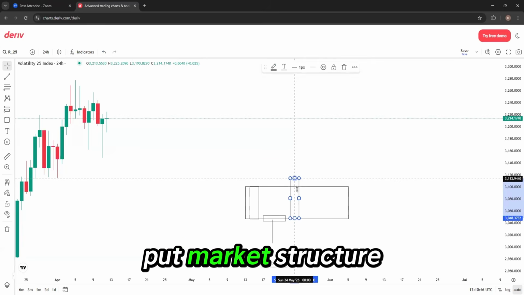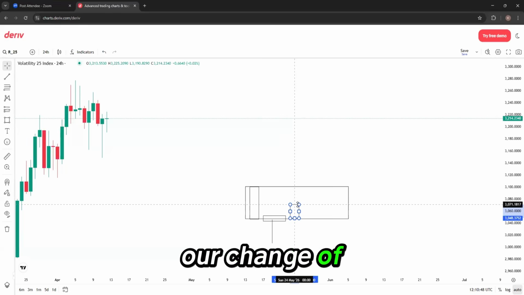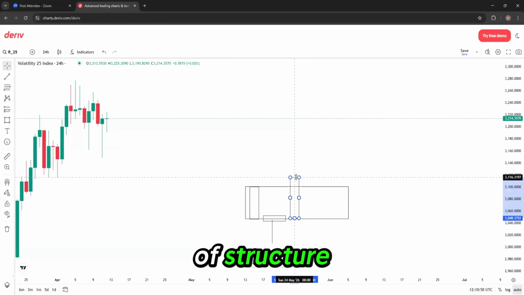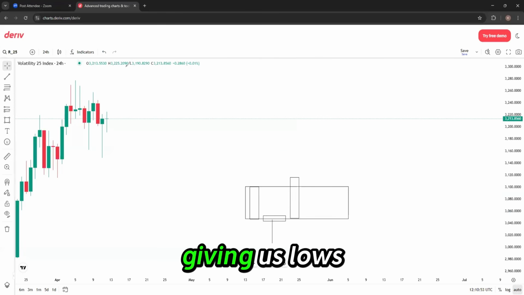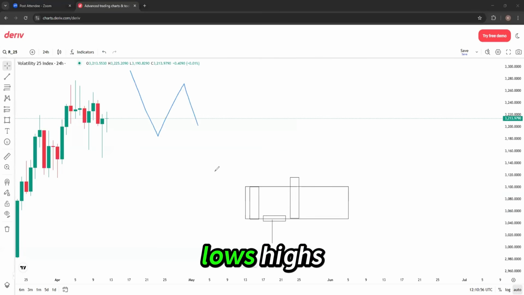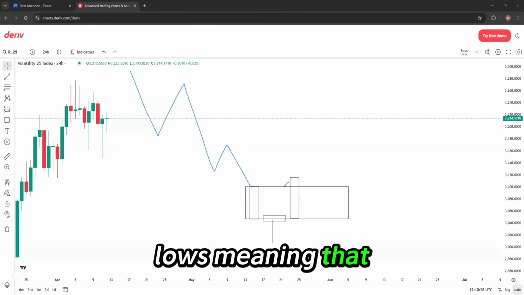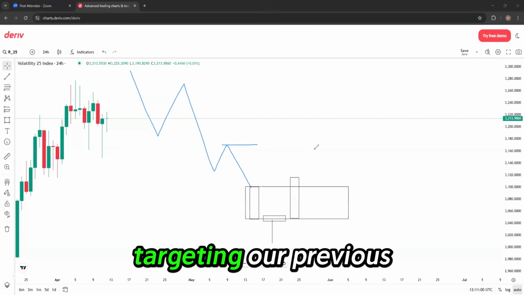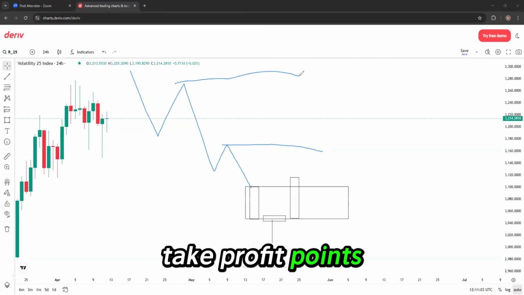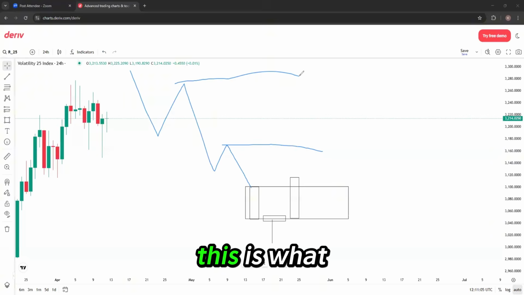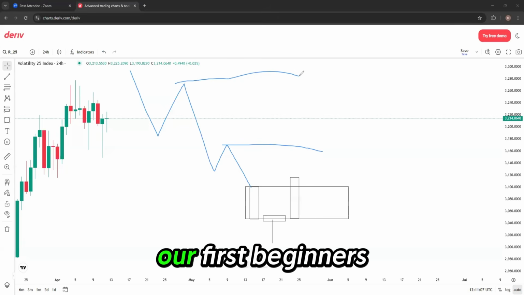Now, if we put market structure, this would be our change of character, and this would be our breakout structure. And remember, this trade was coming from somewhere, giving us lows, highs, lows, highs, lows, meaning that when we're targeting, we use our previous highs as our take profit points. So generally, this is what we learned in our first beginners class.